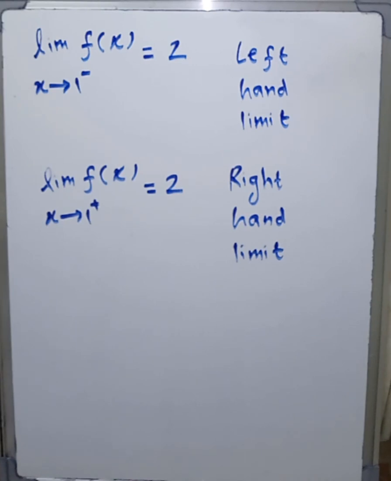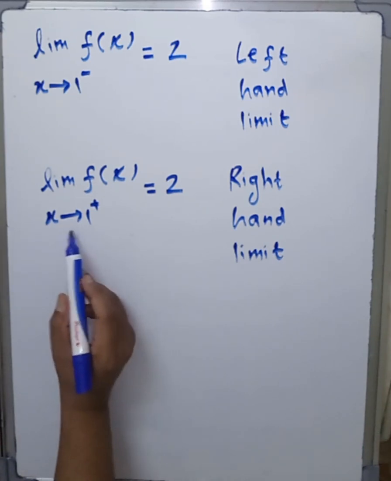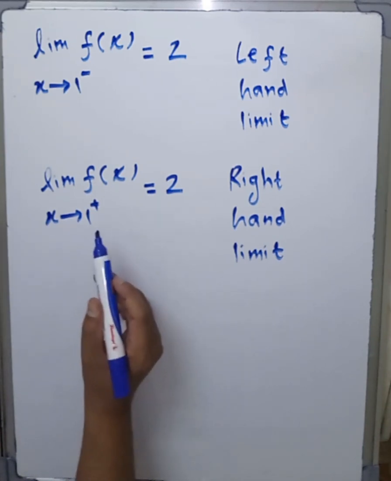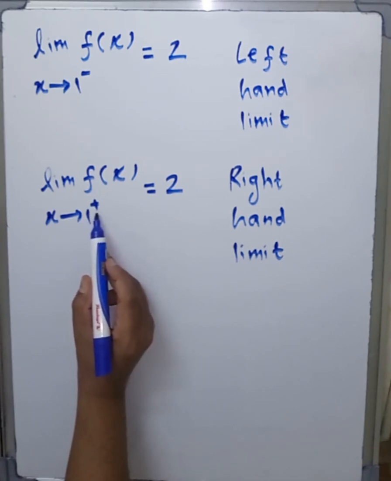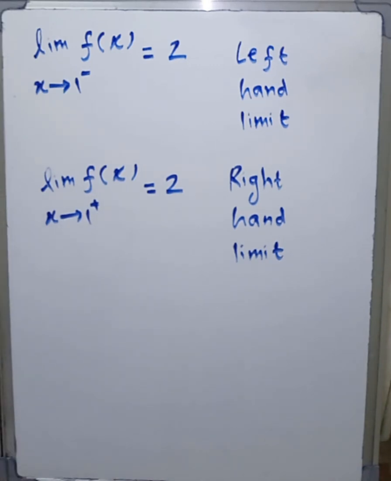Same way, when we are writing x tends to 1 from the right side, this small plus denotes that you are moving towards 1 from the right side. It does not mean that you are taking positive values. It simply means that we are moving towards 1 from the right side.